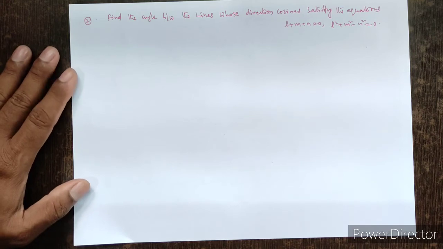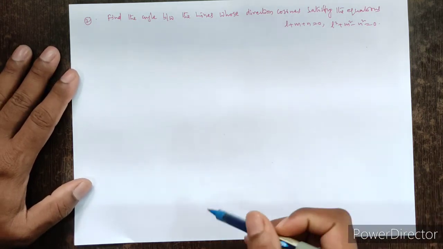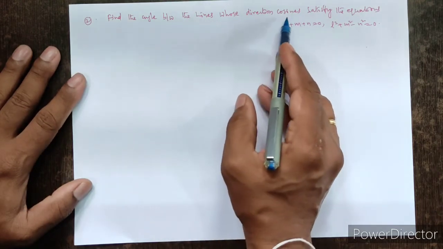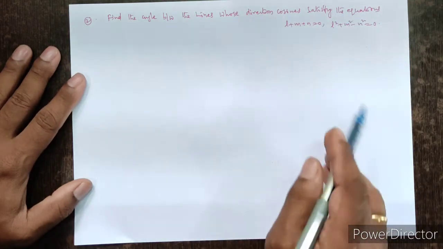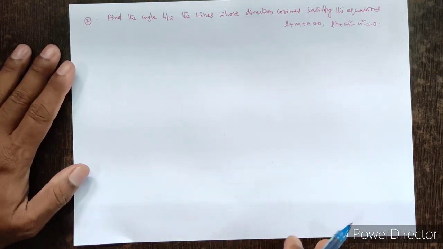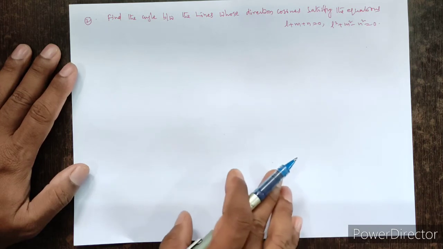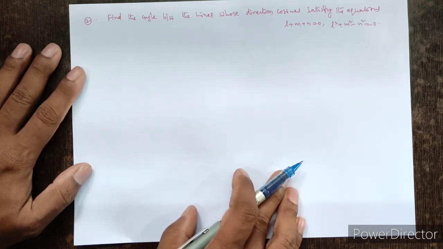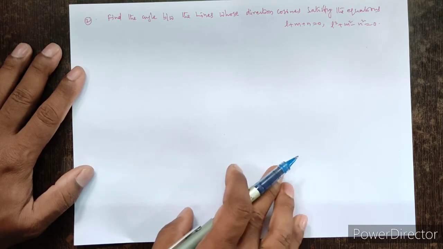Problem number 2, in the third bit: find the angle between the lines whose direction cosines satisfy the equations L plus m plus n equal to 0, and L square plus m square plus n square. In the previous problem we showed that the lines are perpendicular to each other.